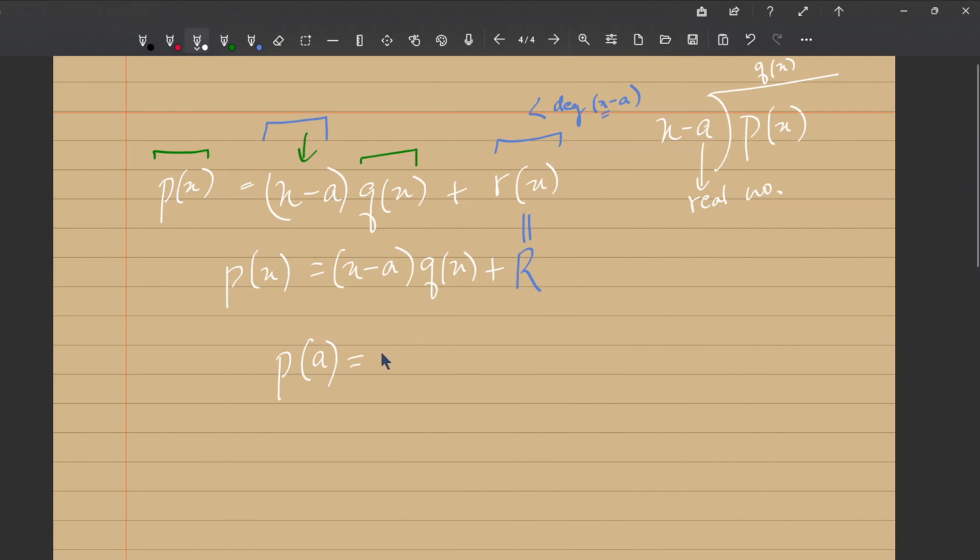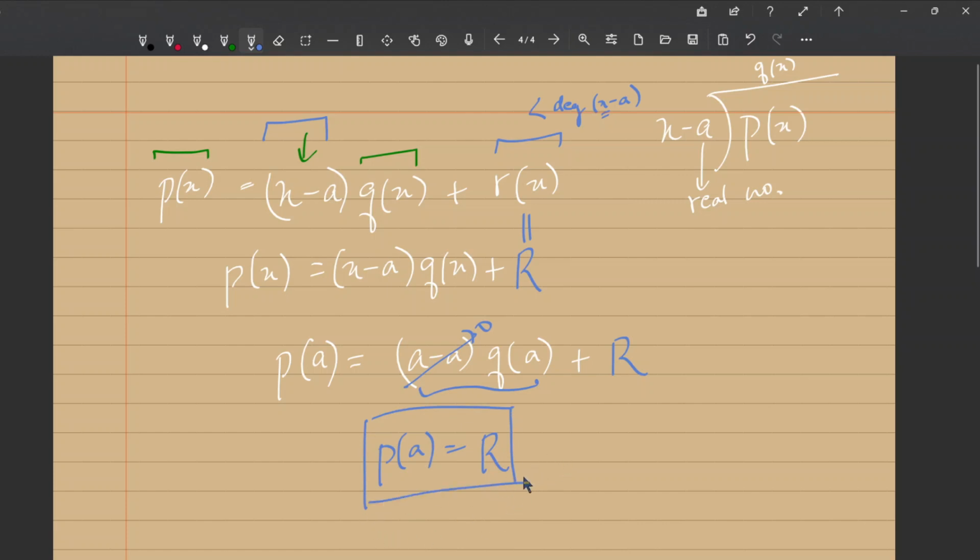So let's see. p of a will be equal to what when I substitute in a for x? x minus a will become a minus a, times q of x will become q of a, plus the constant we had, r, which in turn gives us a minus a will be 0. So p of a equal to this, the 0 into q of a would be 0, so p of a would be equal to r.